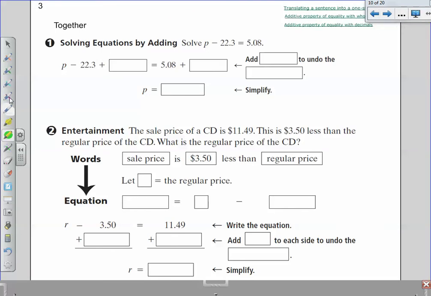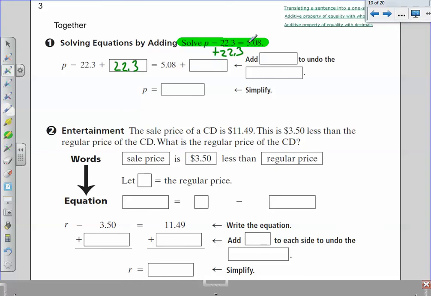All right, so we're going to move on and do a couple more examples. Our problems are going to be similar to what we just did, except this time to cancel out and to be able to solve for p. If I'm originally subtracting, how am I going to isolate p by itself? Well, I'm going to isolate p by doing the opposite of subtracting, which would be adding. So I'm going to be adding 22 3/10 this time.